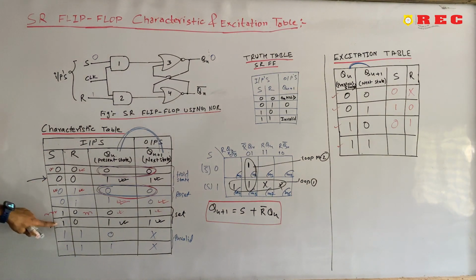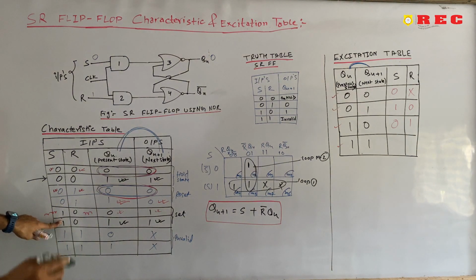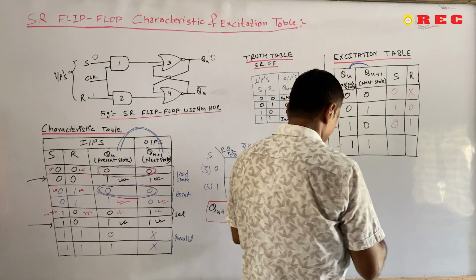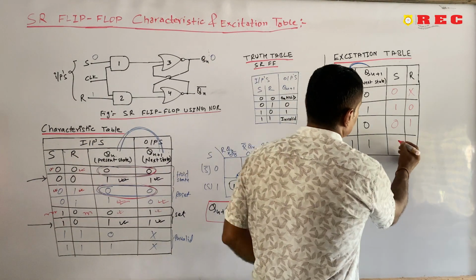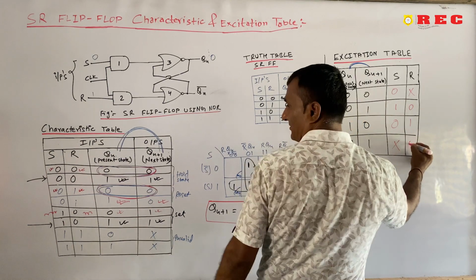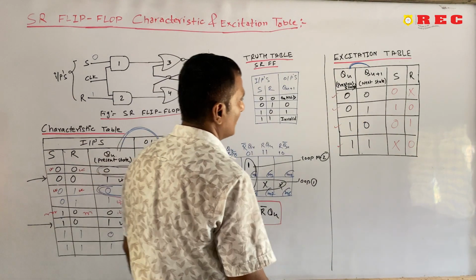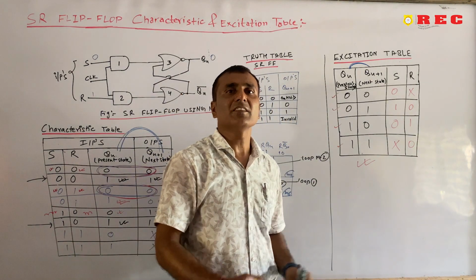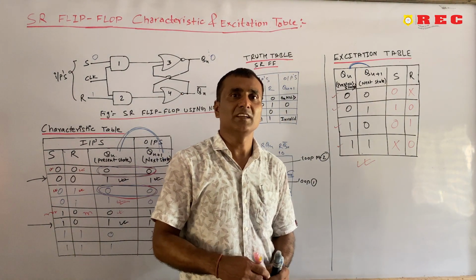S is 0 1, that means changing, so it will be marked by a cross, and R is the same 0 0. So this is our final excitation table of the SR flip-flop.